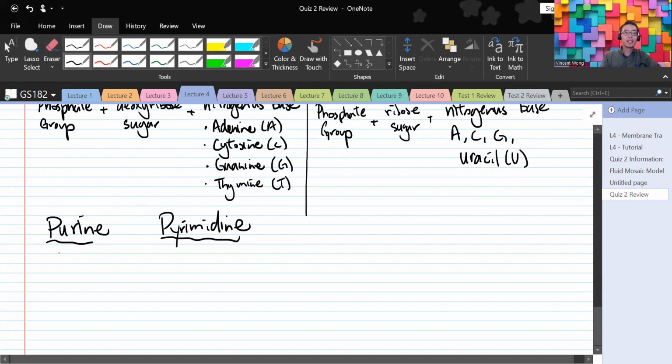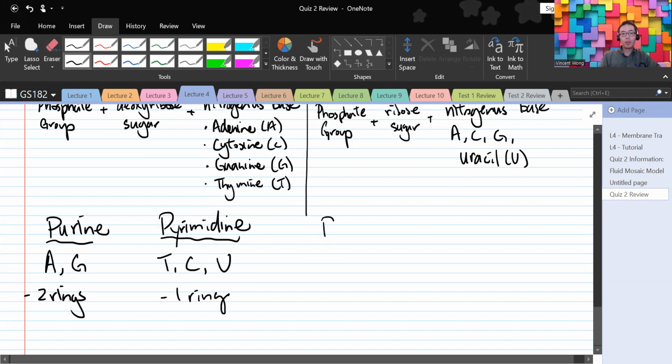So A and G are purines, and these have two rings. Whereas the pyrimidines are the rest: there's the T, there's the C, and then uracil as well. And these have one ring.